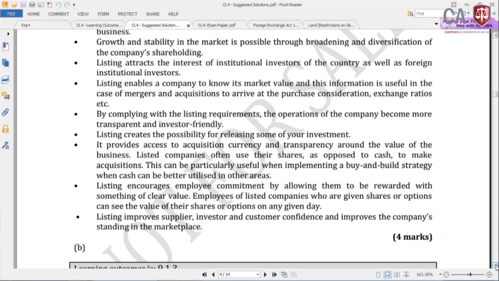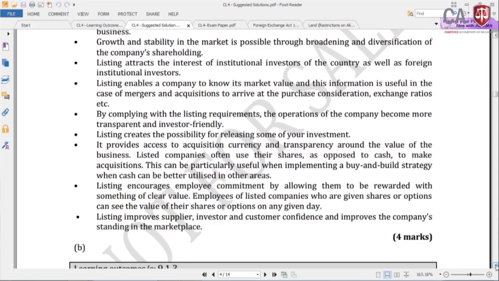Listed companies often use their shares as opposed to cash to make acquisitions. This can be particularly useful when implementing a buy and build strategy, when cash can be better utilized in other areas. Then listing encourages employee commitment by allowing them to be rewarded with something of clear value. Employees of listed companies who are given shares or options can see the value of their shares or options on any given day.